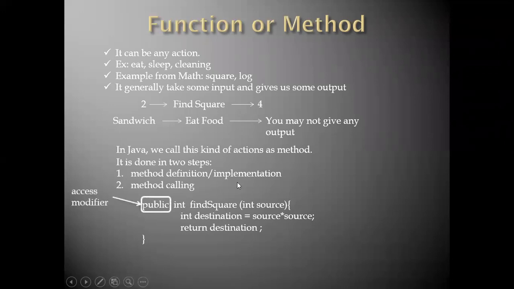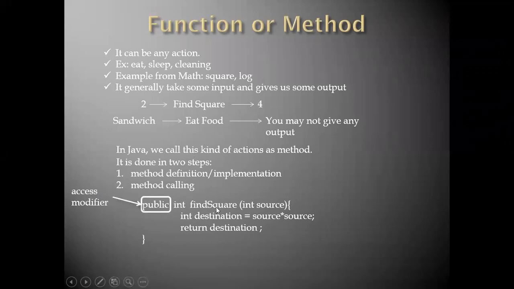That means where can you use this method? We'll discuss access modifiers in the modifier section. For now, public means it can be accessed anywhere. So this find square method is going to take some input and give some output. The type of output it gives us is called the return type.